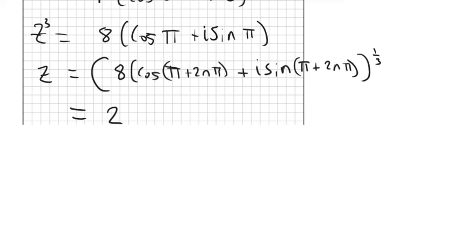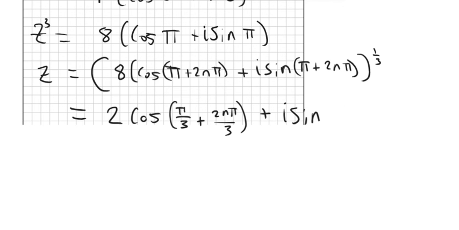So we put the 1 over 3 in there, so cos, and if you multiply 1 over 3 by both of these things, you get pi over 3 plus 2n pi over 3. Plus then I sine pi over 3 plus 2n pi over 3.